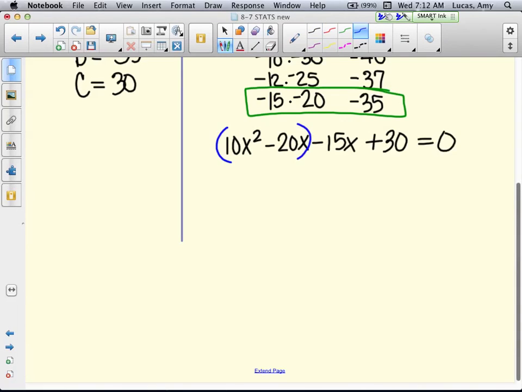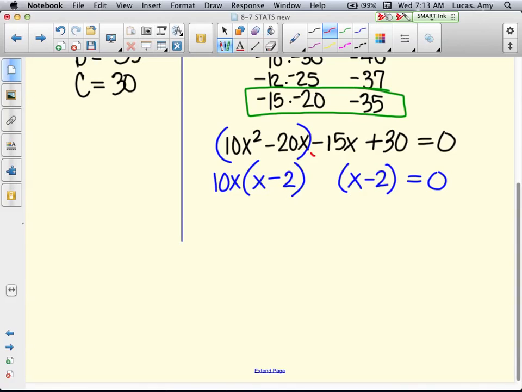So if I group these two together, I can factor out a 10x. 10x times x is 10x squared, minus 10x times 2 is 20x. That looks good. So now over here I need to match the x minus 2. So it's going to take a little bit more thought.